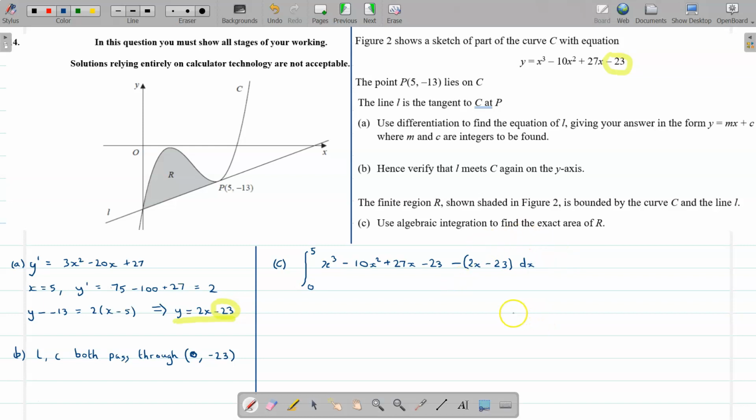Now, of course, the minus 23 will become a plus 23, which will cancel, so that simplifies the process a little bit further.